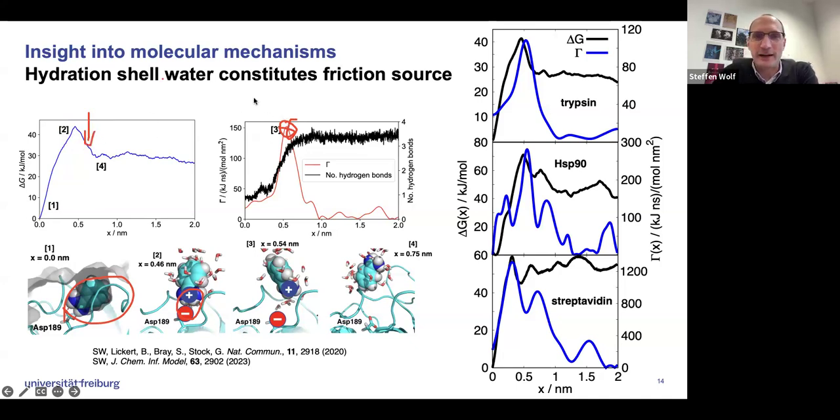That is where we find our peak in friction. Why is that? At the same time when the peak in friction appears, the number of water molecules in the binding site suddenly goes up. So this is a situation at position 3 where the ligand is far enough out that water can rush into the binding site.